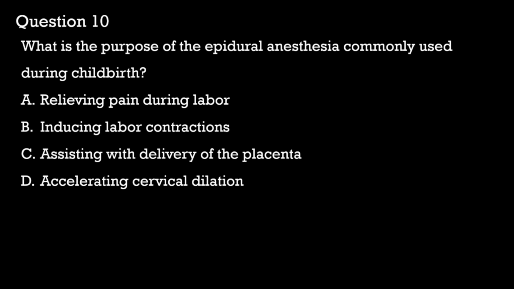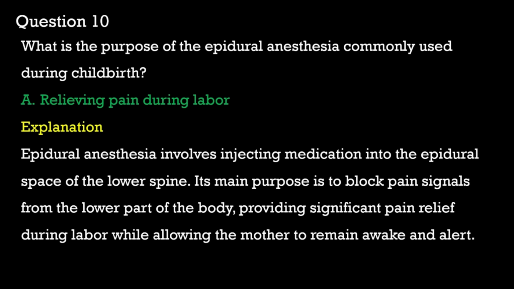Option C, assisting with delivery of placenta, is managed through uterine contractions, and sometimes manual assistance is also used. In option D, epidurals do not speed up cervical dilation. Rather, in some cases, they might slightly slow it. So, based on the options, the correct answer would be option A. It relieves pain during labor.